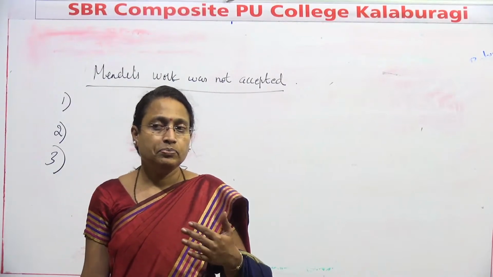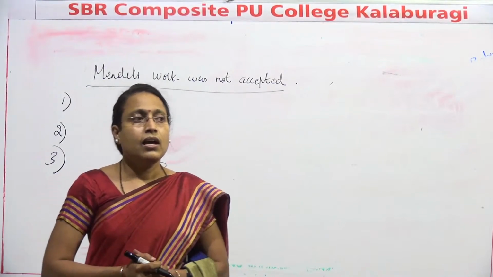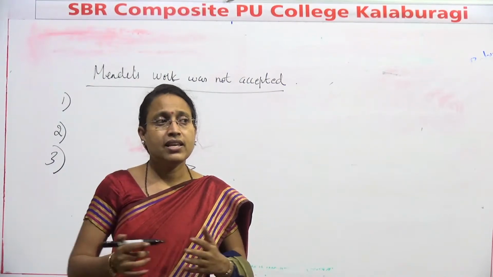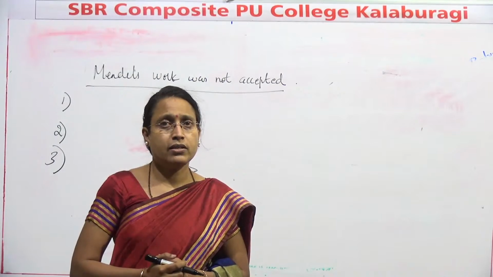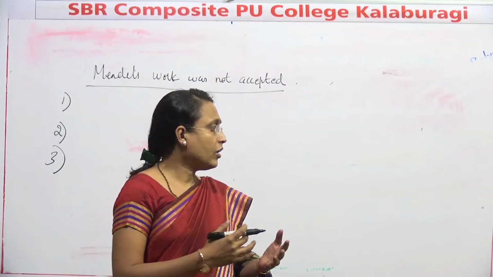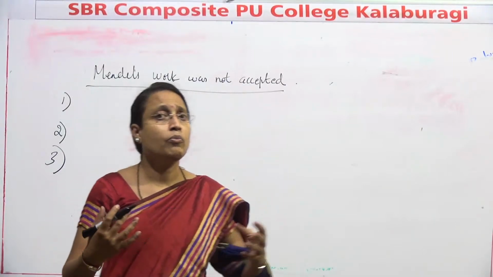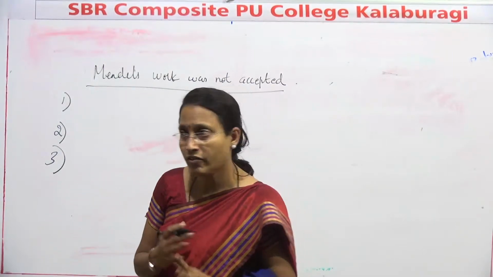Now the third point was that he says there is no blending of characters. Mendel says there is no blending of character, but already in human beings and so many examples there is a lot of blending of characters. Now, what is blending of characters?